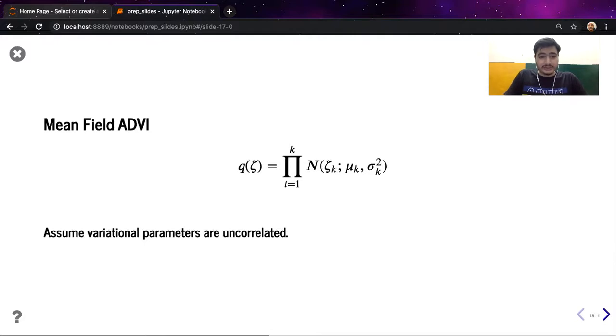The first approximating algorithm which we're going to see here assumes that the parameters of the model are uncorrelated. There can be cases where we need to specifically model the correlation in the data as well, and there this mean field approximation will not work very well.